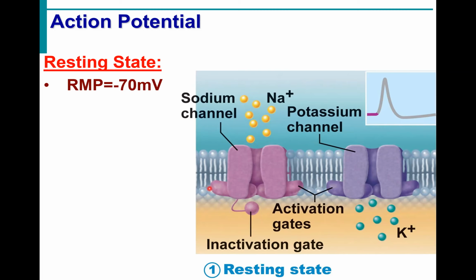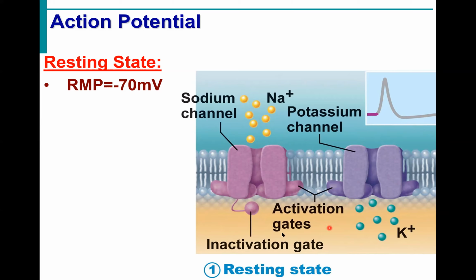So 2 gates. This first gate is the activation gate. These activation gates are basically proteins that are very positively charged. And then remember, as we talked about, our sodium channel has that inactivation gate, that second gate, that globular protein and linear protein, that ball and chain.